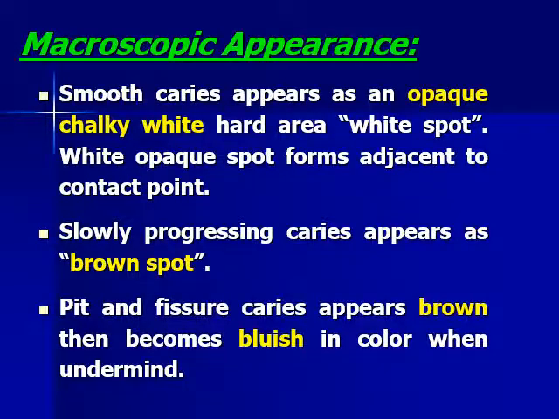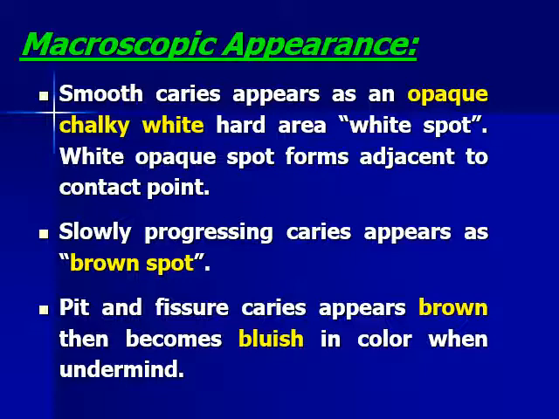Macroscopic appearance is how we see these changes, first with our eyes, not under the microscope. As we mentioned in the clinical picture of dental caries, at first it appears as an opaque, chalky white spot, which we call incipient caries. This spot can be seen more on smooth surface caries, forming adjacent to the contact point.